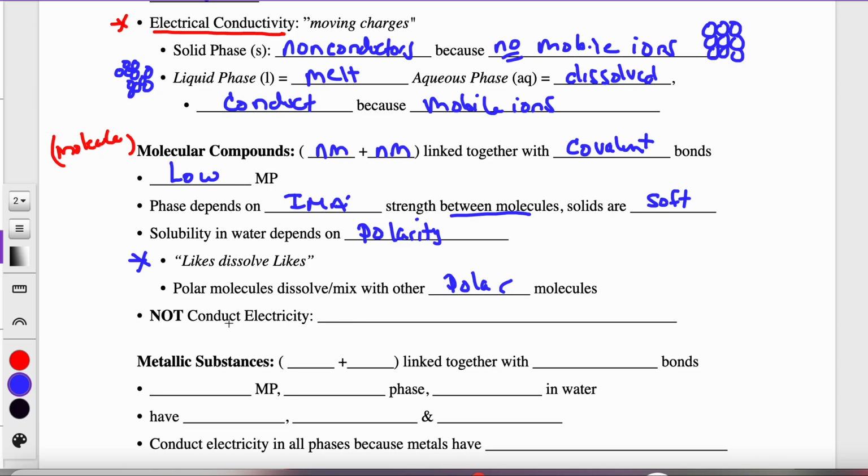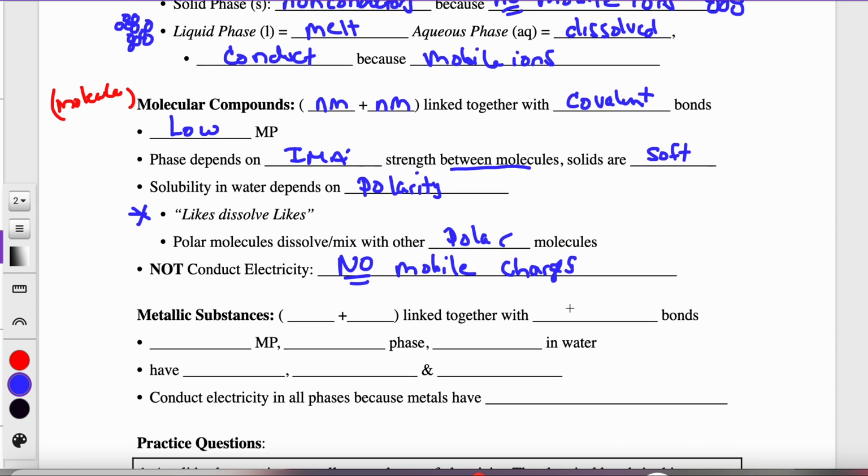So molecular compounds do not conduct electricity because they have no mobile charges. They have no ions moving around, and their electrons are held within those bonds. They're not freely swimming around like in a metallic substance.